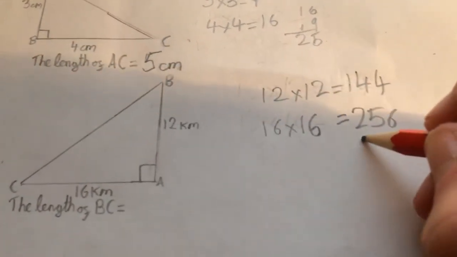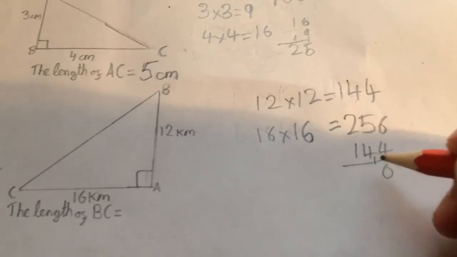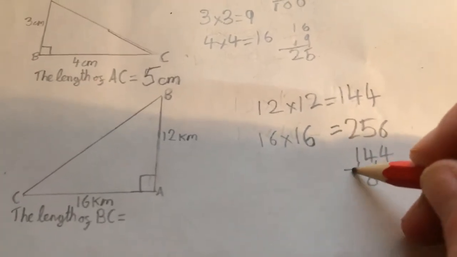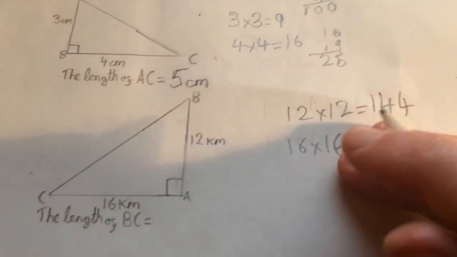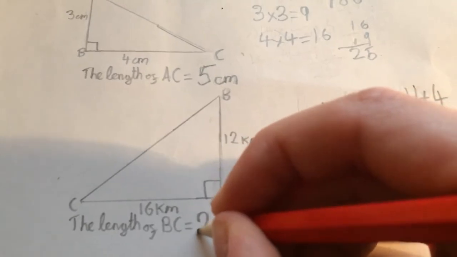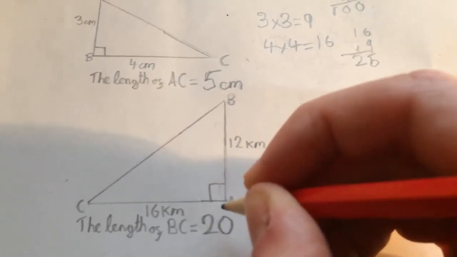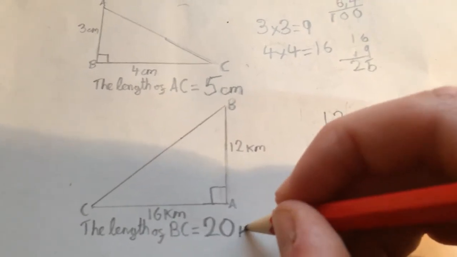Add these two numbers together, which is 400. Find the square root of 400, which is 20, and this gives us the length of BC. 20. Look at the unit, which is kilometres.